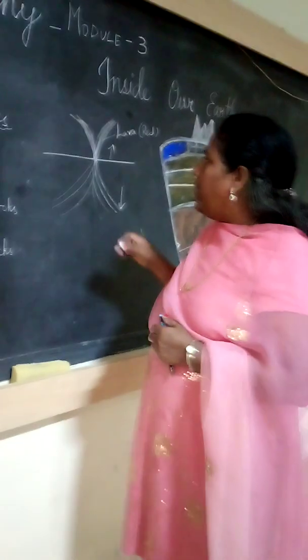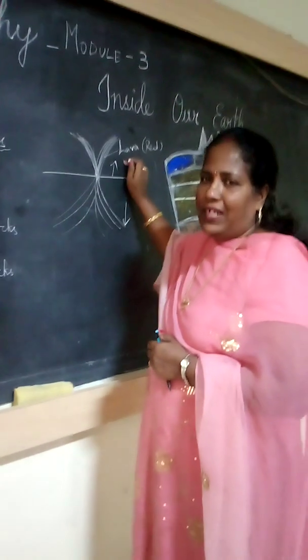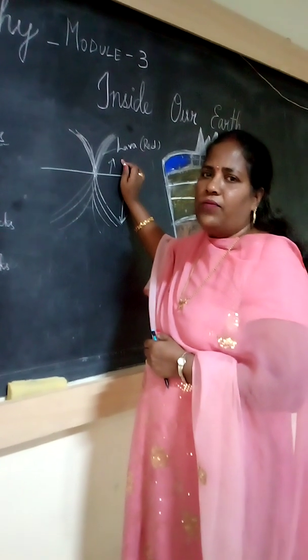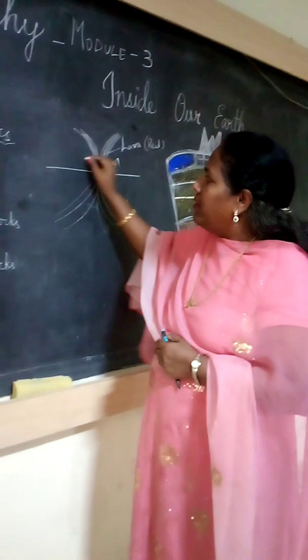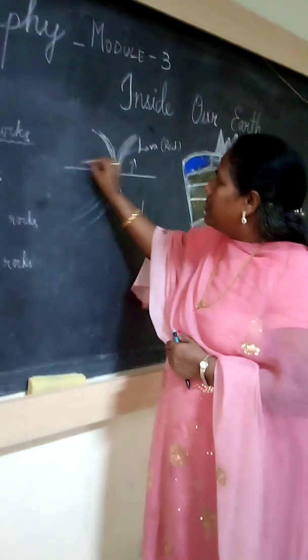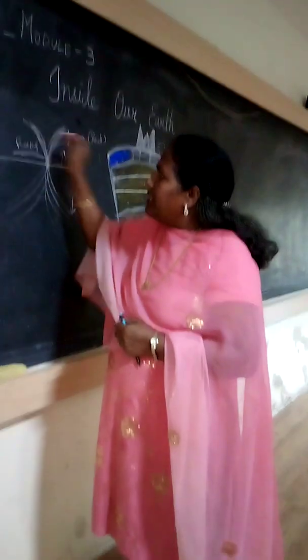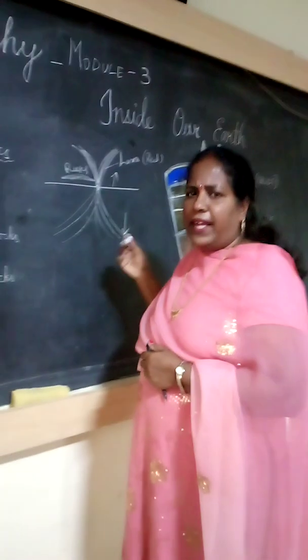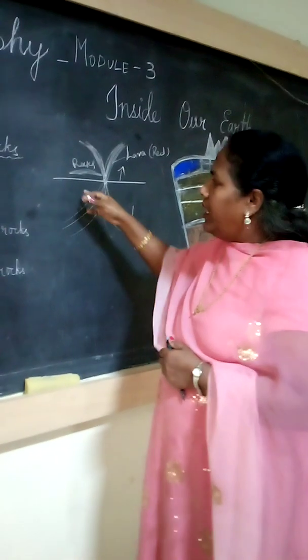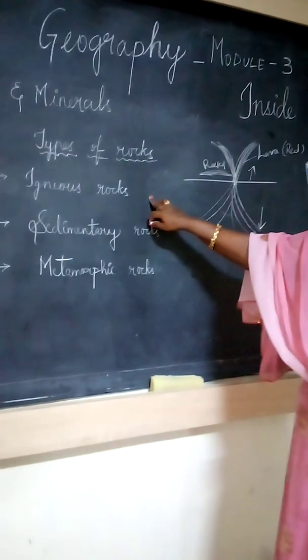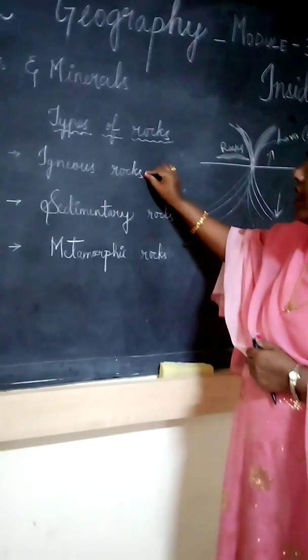Because of this low temperature, this liquid lava starts to solidify and form the rocks. Like this, the mountains also will form. Deccan plateaus. So here the igneous rocks are called primary rocks. They are called primary. Why are they called the primary rocks?